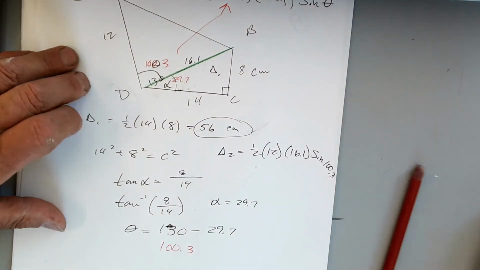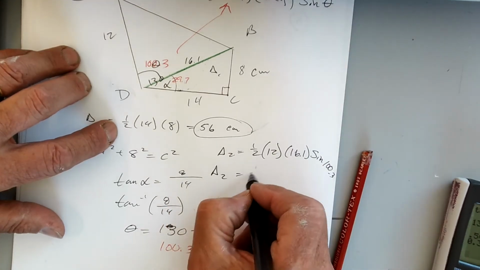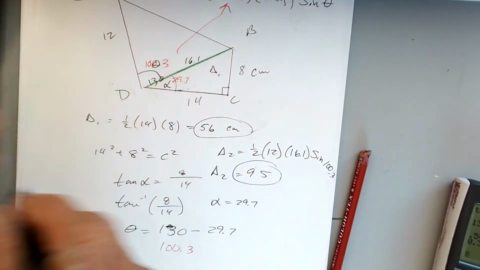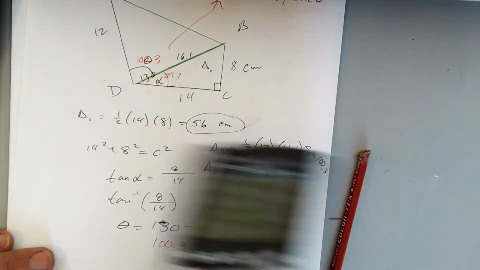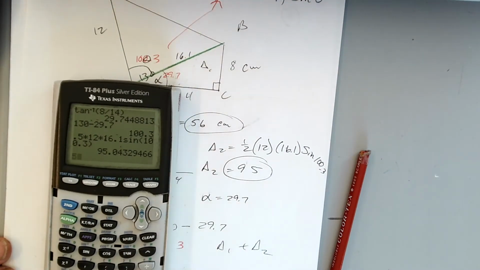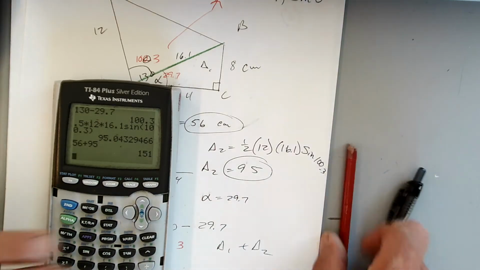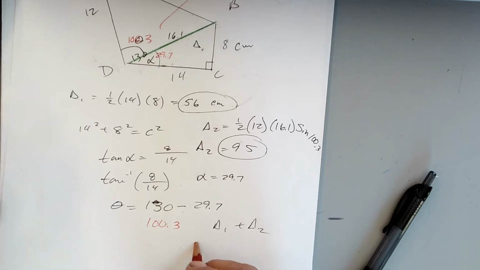Okay, so triangle 2 is about 95. Add these two together, so triangle 1 plus triangle 2. 56 plus 95, grand answer of 151 for the area of that thing.